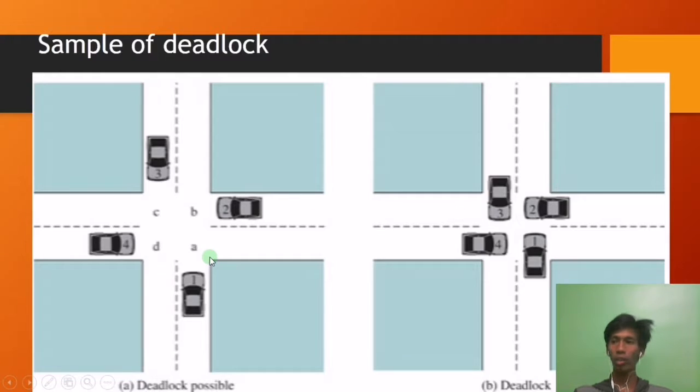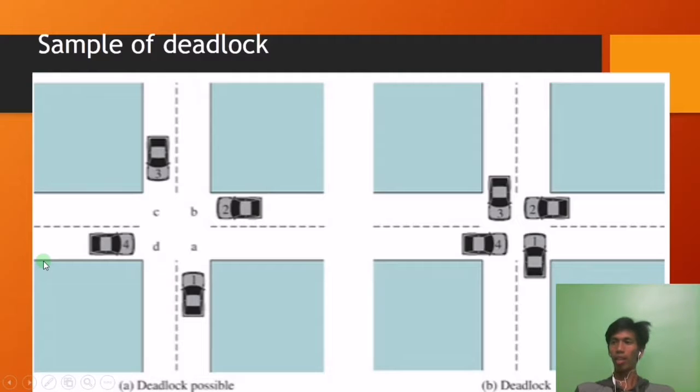The rule of the road in the United States is that a car at a four-way stop should defer to a car immediately to its right. This rule works if there are only 2 or 3 cars at the intersection.